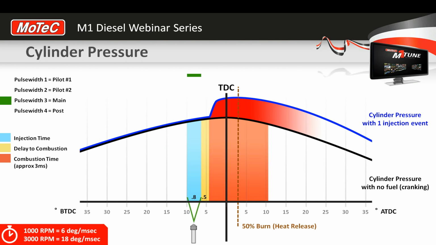So if we're going to run a long pulse width, somewhere around 2 milliseconds, we're going to need to advance the injection timing to make sure we're not squirting fuel while the piston's going down the bore. As we add more fuel and the pulse width gets longer, we need to add more timing.